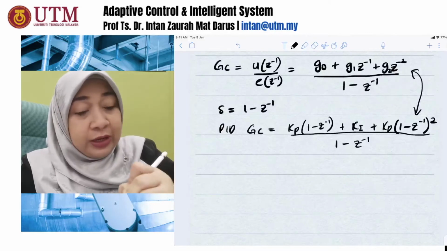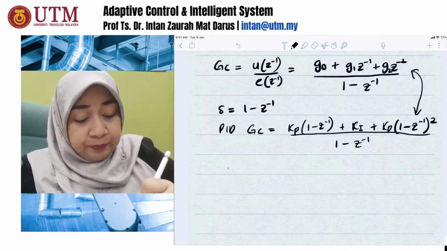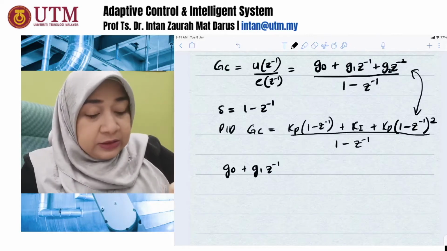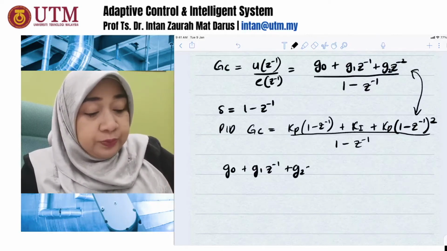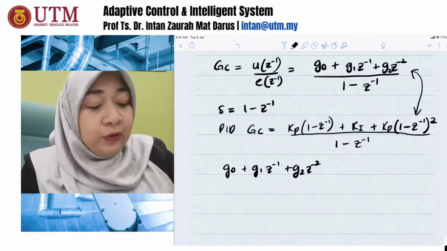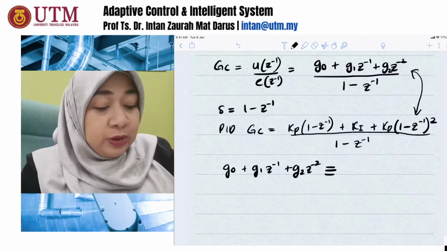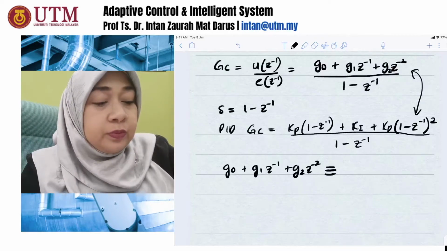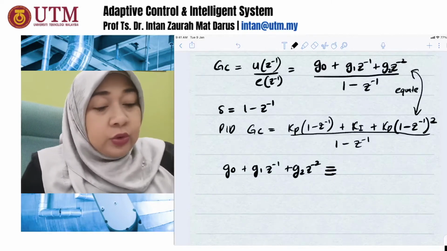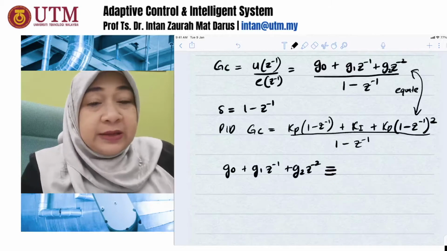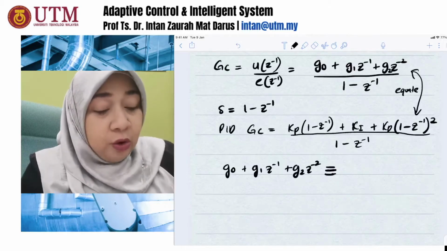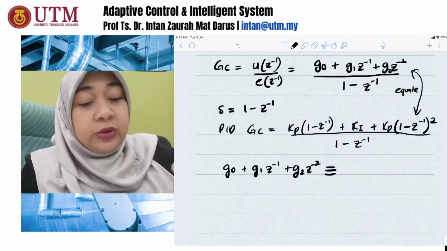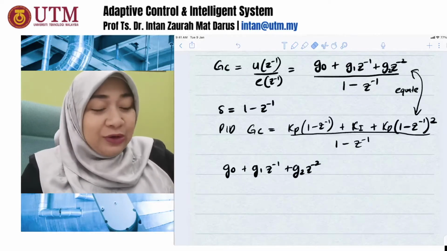On the left hand side will be g naught plus g1 z minus 1 plus g2 z minus 2, which will be equivalent. I'm going to equate that together. The denominator is already the same, so I'm going to ignore that and compare the numerator only.